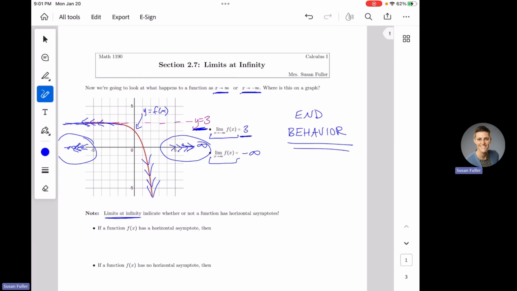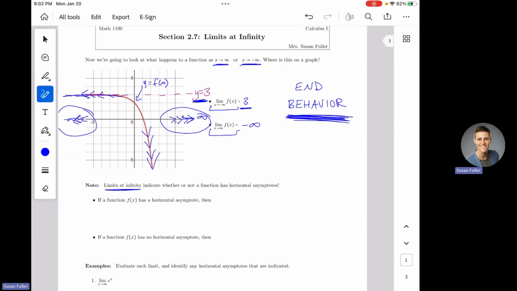And so limits at infinity, limits at your end behavior can tell you whether or not you have a horizontal asymptote, because horizontal asymptotes come from end behavior. They are only asymptotes at the ends of our graph where x is really big or x is really small. They are not asymptotes in the middle.